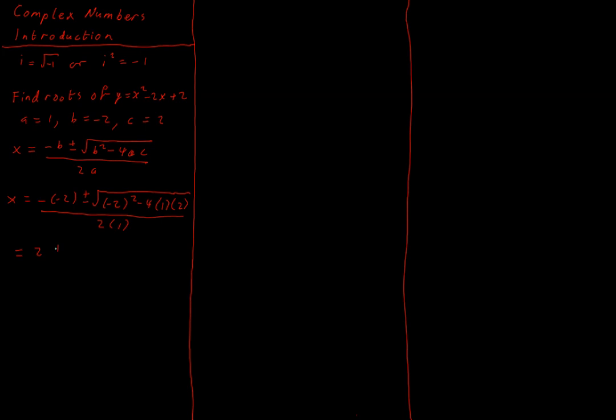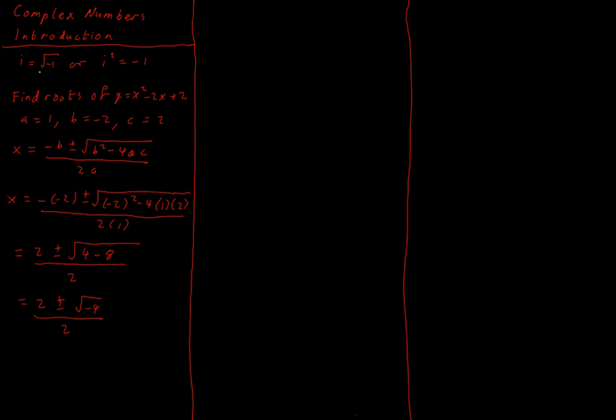So 2 plus or minus the square root of 4 minus 8, and we can immediately see our problem on the horizon. We end up with 2 plus or minus the square root of -4 over 2. So what do we do here? Well, up until now, we've had to just stop and say, okay, we got complex roots.